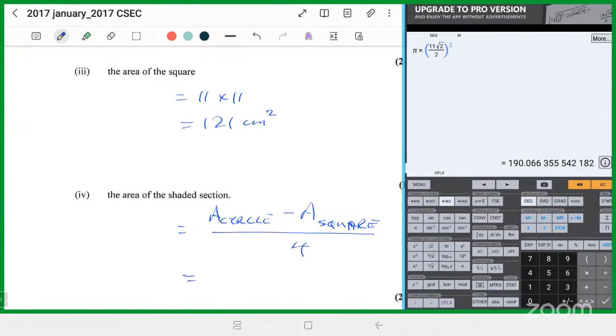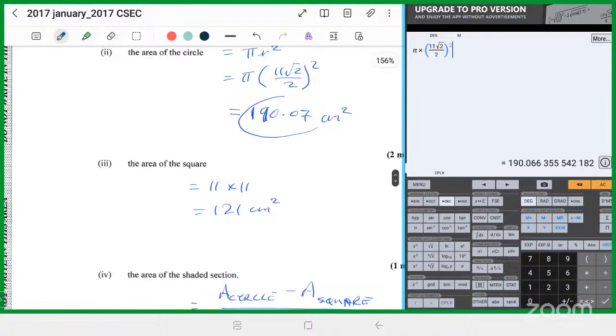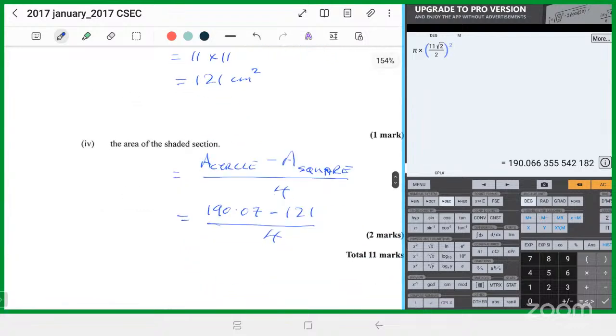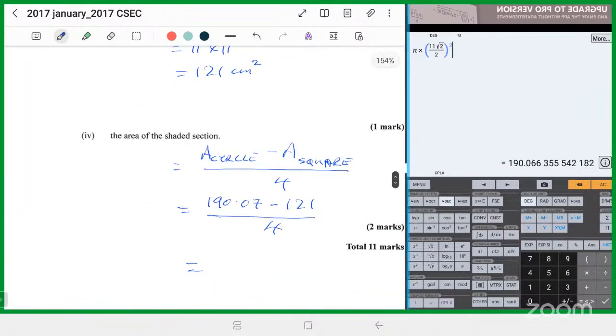So it's 190.07 minus this 121 square, and divide that by 4. Do this calculation, whatever we get is the answer.